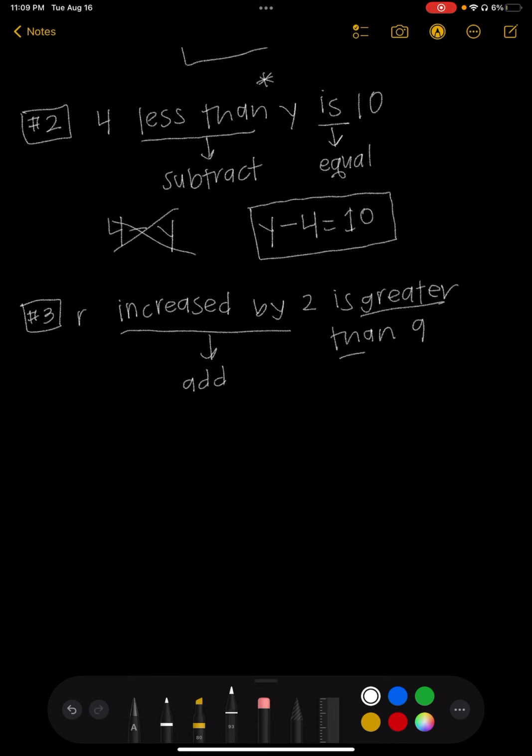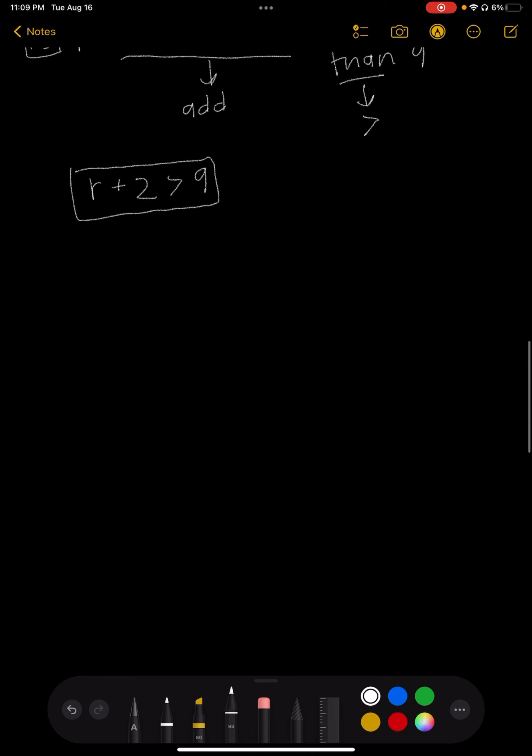And then greater than, we know is that sign based on that inequalities list that we have. So what we can do is say r plus 2, because it's adding, is greater than 9. And there is our mathematical expression.